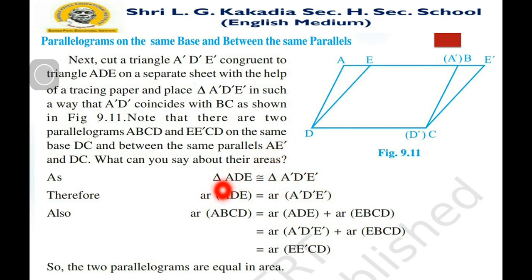Now we want to find the area of ABCD, which is equal to area of ADE plus area of EBCD.